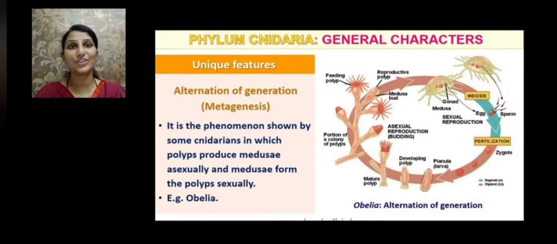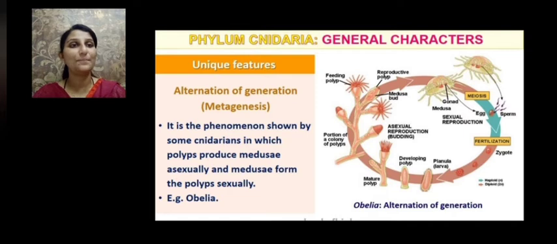Alternation of generation is another feature seen in cnidarians. It is a phenomenon shown by some cnidarians in which the polyp reproduces asexually to form the medusa, and the medusa produces the polyp sexually. Is it clear?